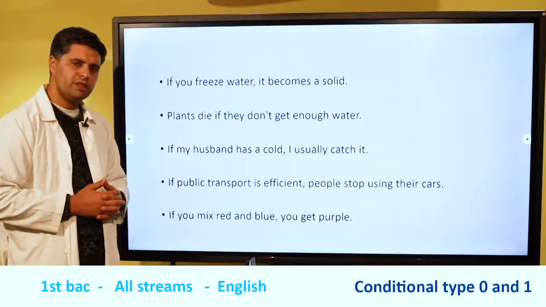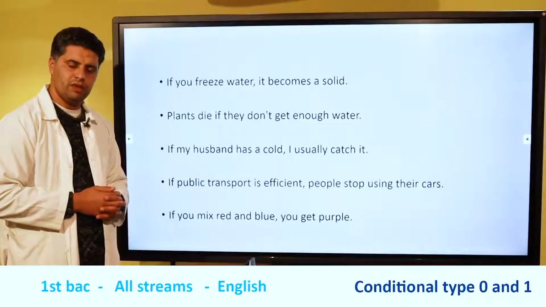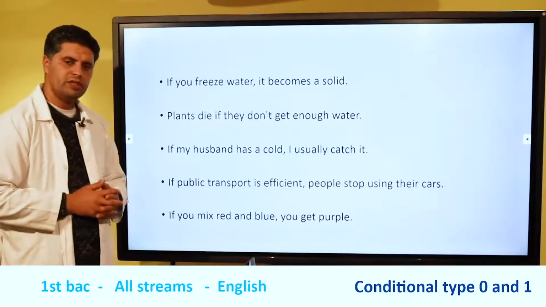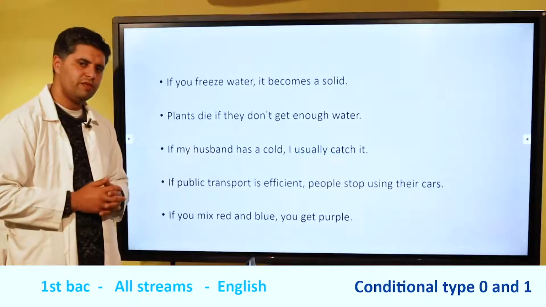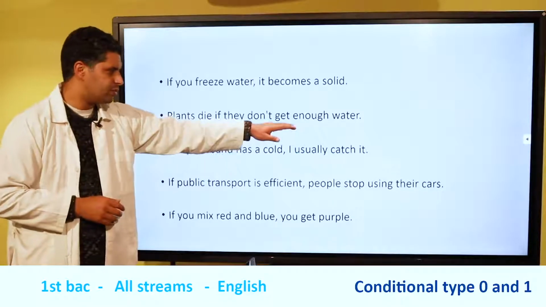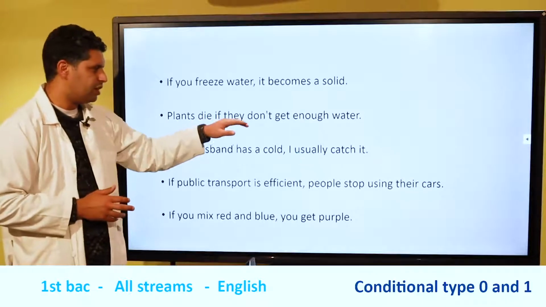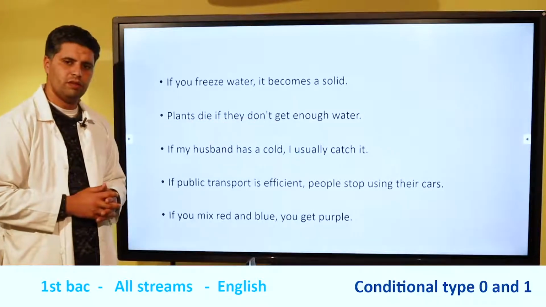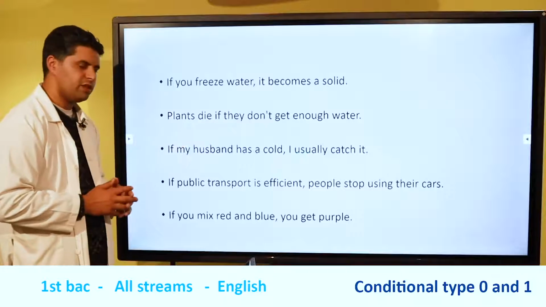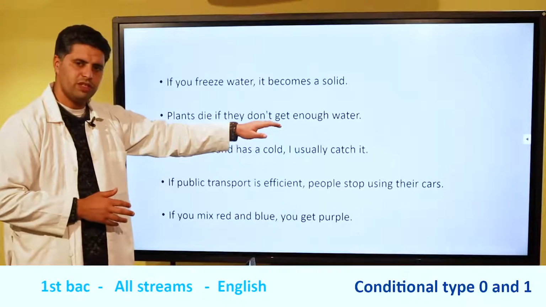And here we have plants die if they don't get enough water. So here, as you can see, we have another statement in which we have used the conditional 0. We have the present simple, and here also we have present simple. Plants die if they don't get enough water. Okay, so here we have the present simple, which reflects the result of this action, which is the first action.